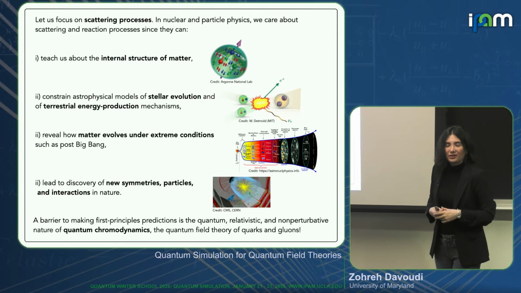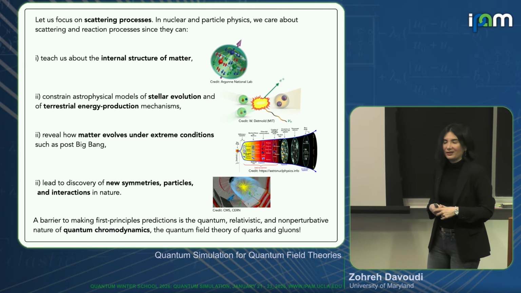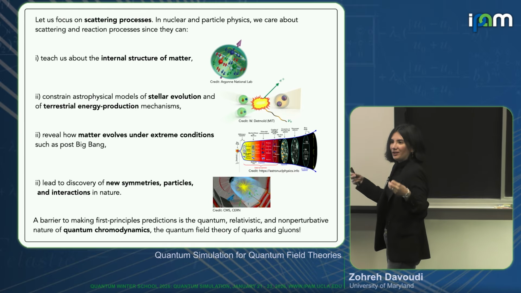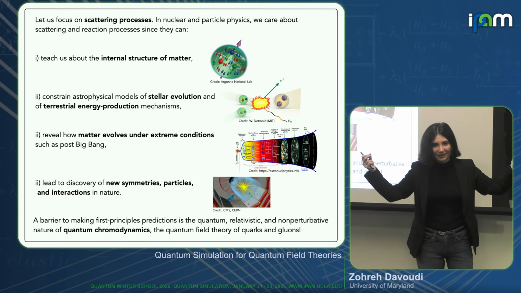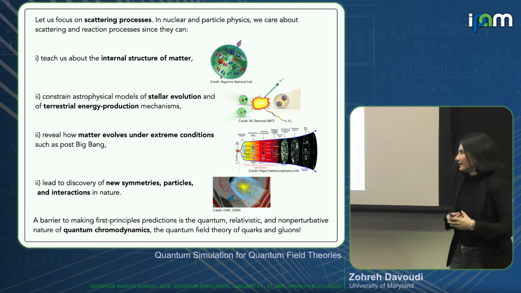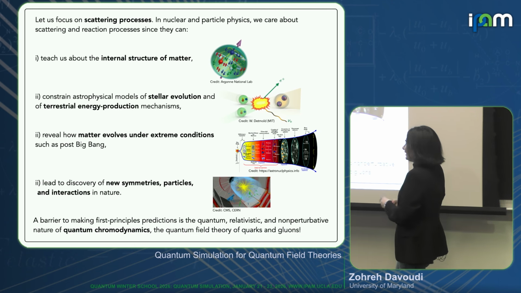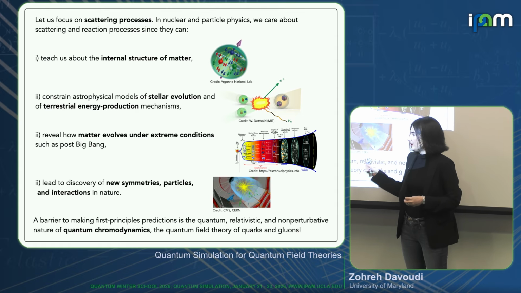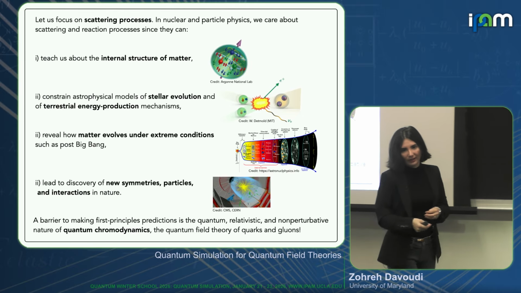So there are so many questions that are not described by the standard model. We know there is more. We need to increase the energy. We need to really try to excite these new particle excitations and discover their properties. And that's why, still today, we're building these colliders to be able to discover new symmetries, particles, interactions, and so on.